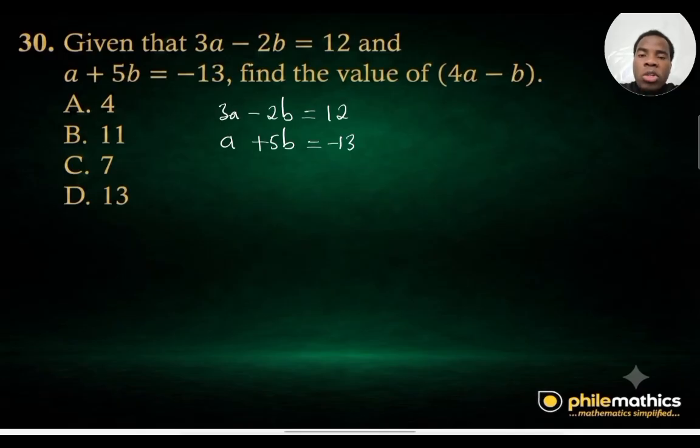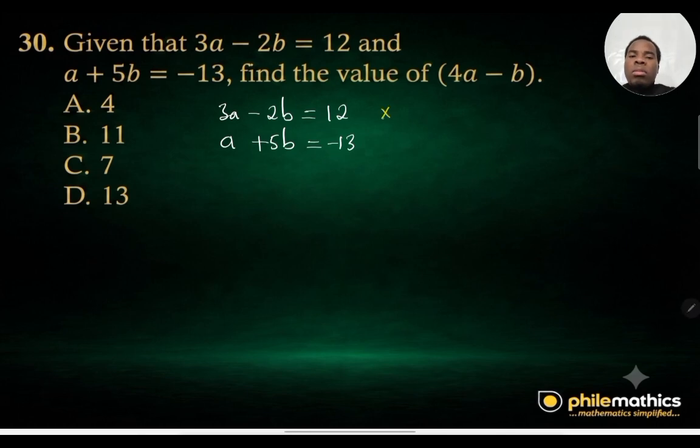For you to use the elimination method, you want to put the first and the second equation in a way such that something can be eliminated, either a or b. If we want to eliminate a, that means I have to multiply equation 2 by 3.